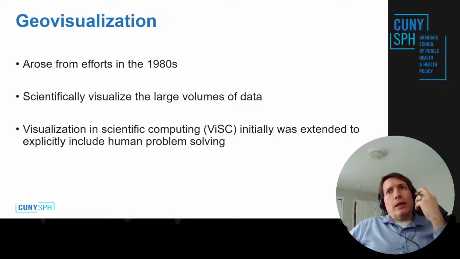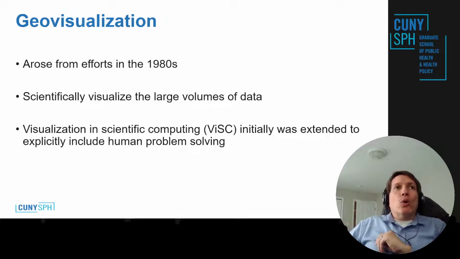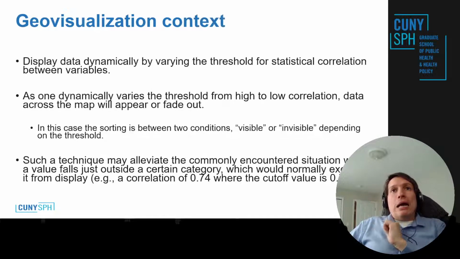These arose from efforts in the early 80s in order to visualize the large volumes of data, and this is a scientific field that has been extended to really be applied for solving human problems. And as you see, maybe this class, that is dashboard, is going to have a huge tendency towards geovisualization. Even though we are going to be explaining general approaches, we are going to be heavily inclined to geographical representation.